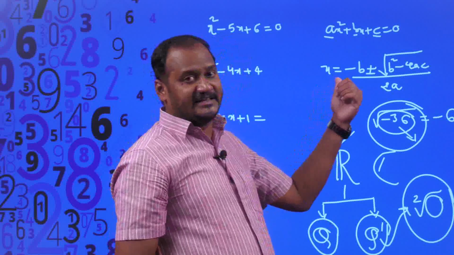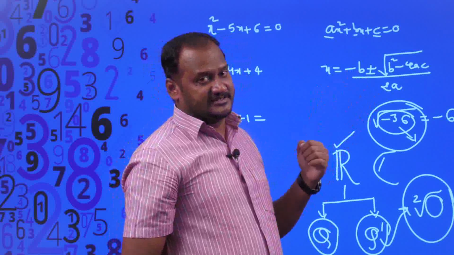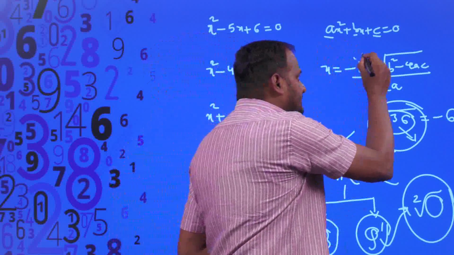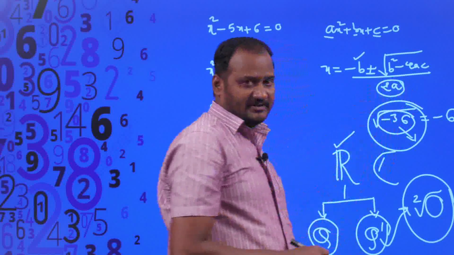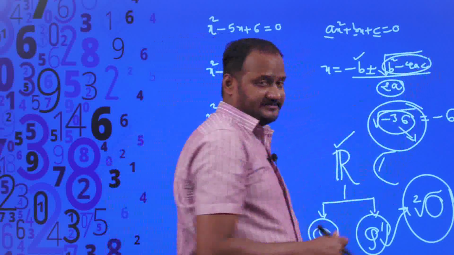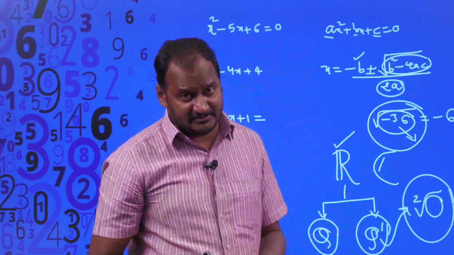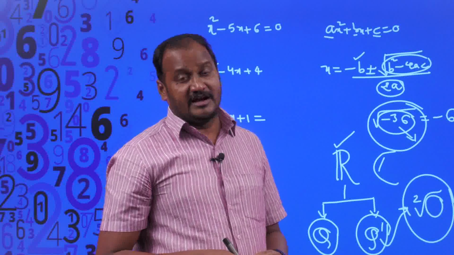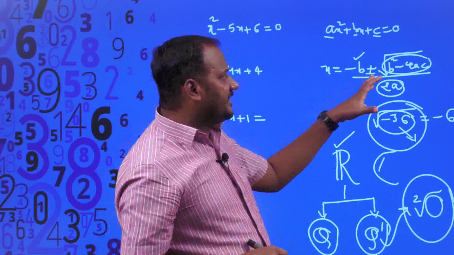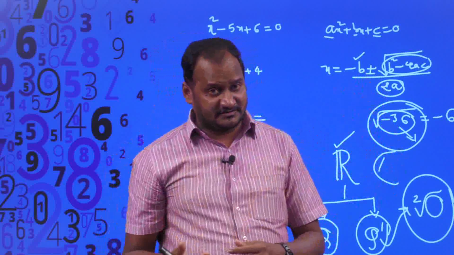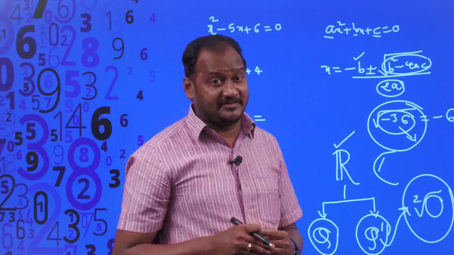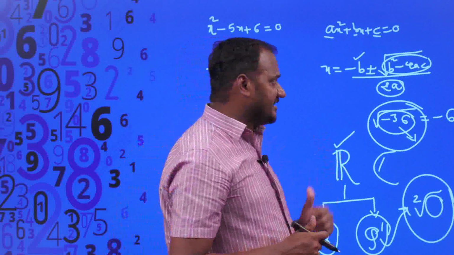Since a, b, c are real numbers, b is a real number and 2a is also a real number, the only uncertainty is in b square minus 4ac. It can be a positive value, or a negative value, or even 0. For example, what happens when b square minus 4ac is positive, what happens when it is negative, and what happens when it is equal to 0? Let us think about that.